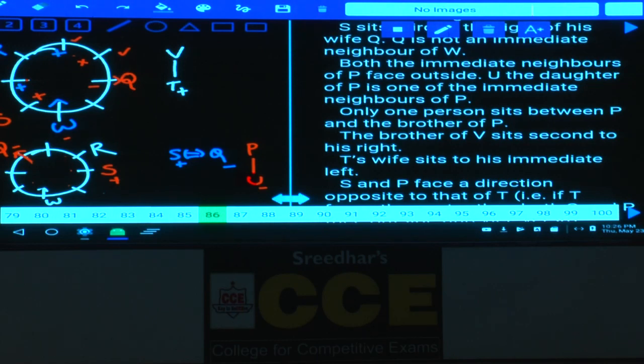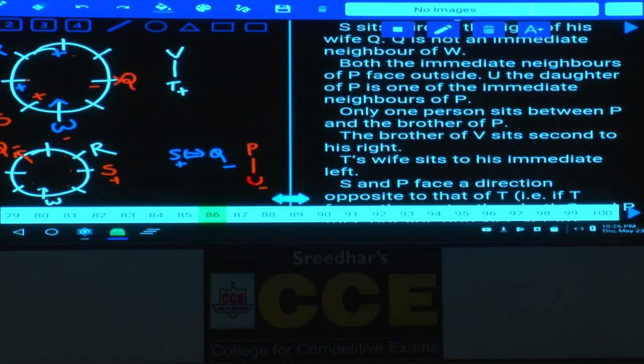That means in the first case, P and U must be in these two places only. Either P can be here and U here, or U can be here and P here. Out of these, where should P and U be?